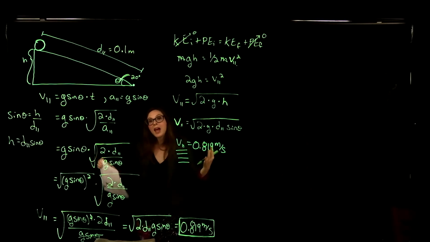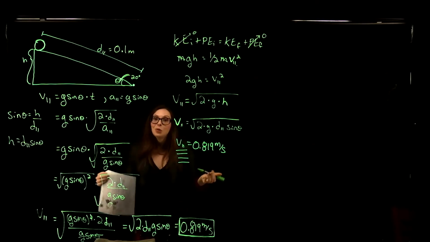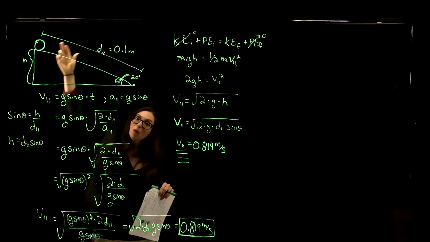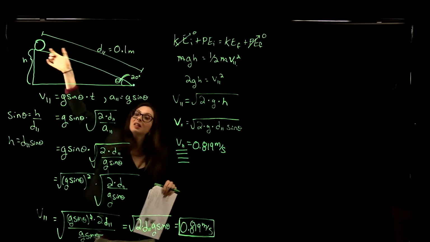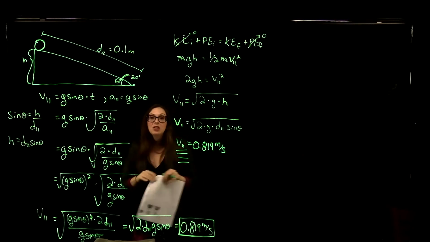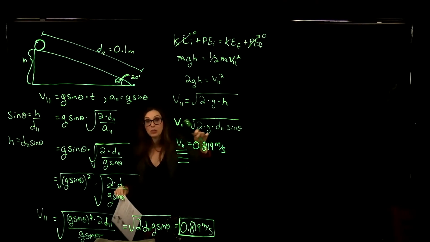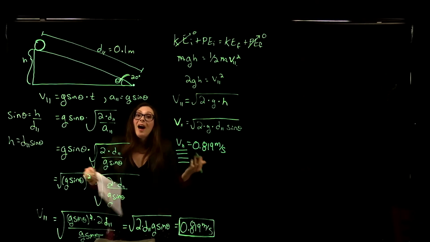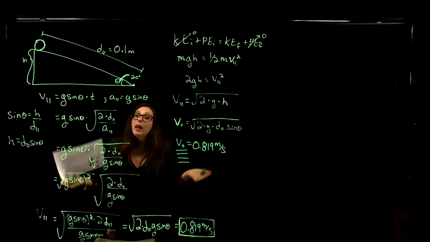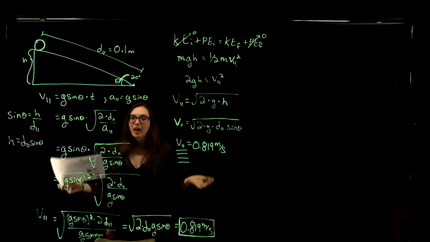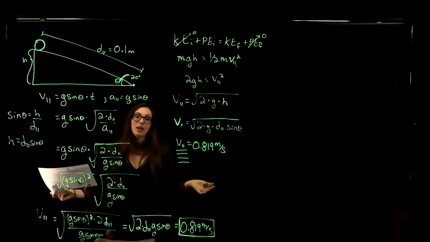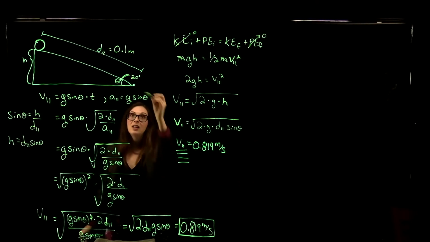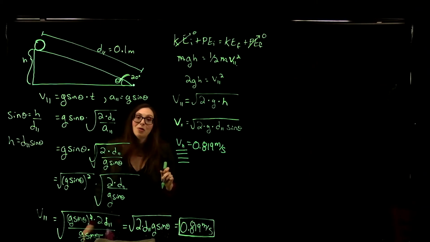So when we take the rotational kinetic energy into account, as our ball is rolling down the incline, not just sliding down the incline, that changes our velocity at the bottom of the incline, actually reduces the velocity at the bottom of the incline. So that's why our values that we found for the range were overestimates of what we actually found when we did the experiment, because we were overestimating this quantity for the velocity of our ball at the bottom of the ramp.